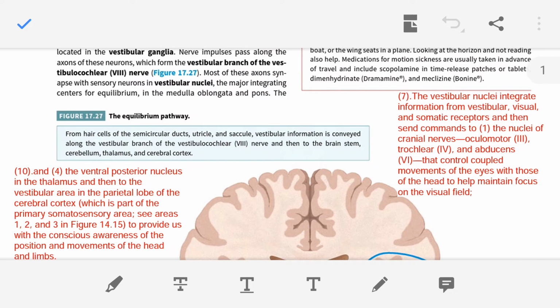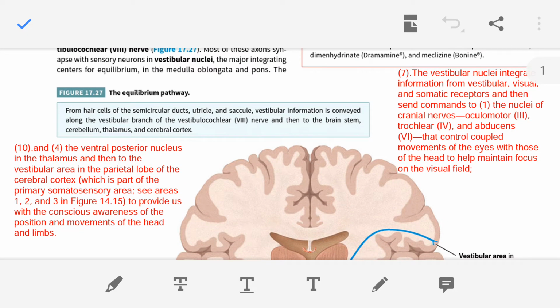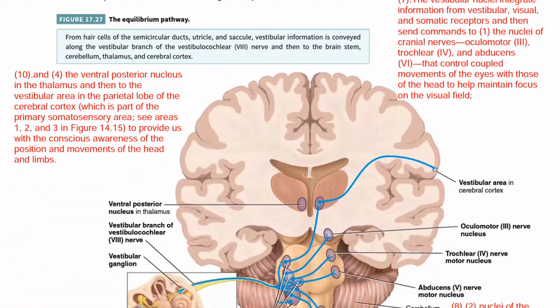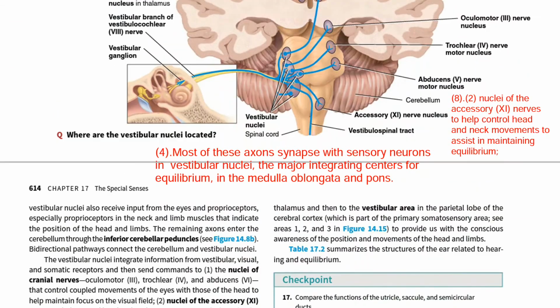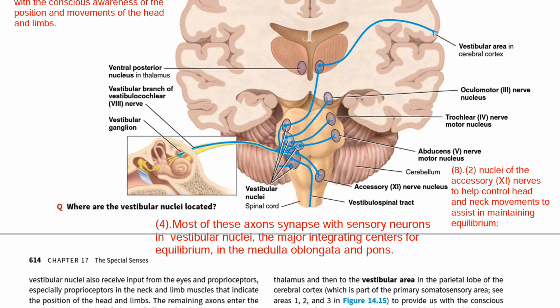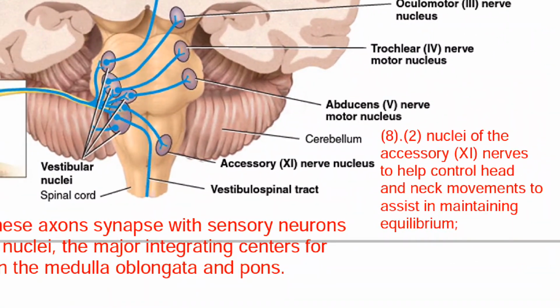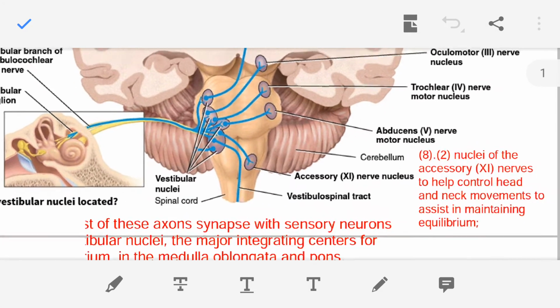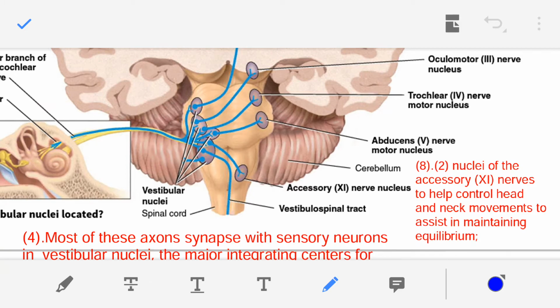This is the 7th point of our discussion. Now point number 8. See, the nuclei of the accessory nerve.